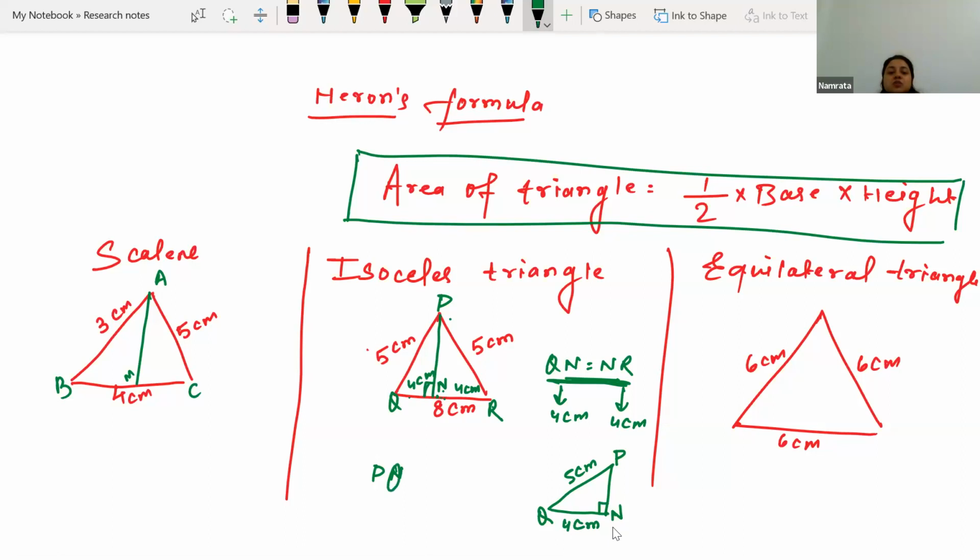That means PQ square is equal to PN square plus QN square. Do you know this theorem? Yes, ma'am. So PQ is 5 square. PN, we wanted to find PN square. QN is 4 square. Let's do the calculation.